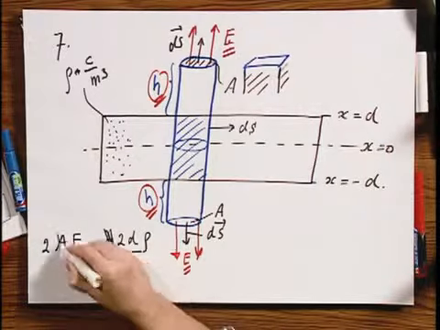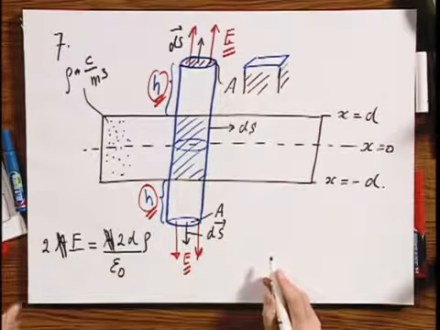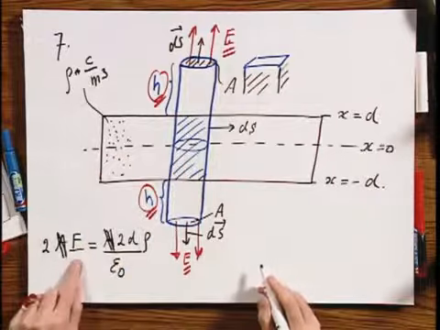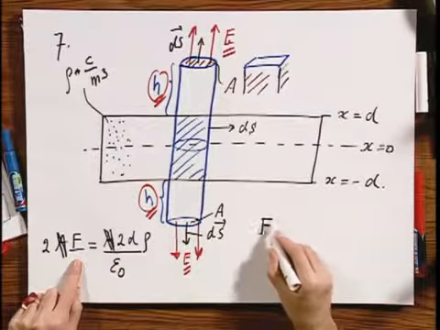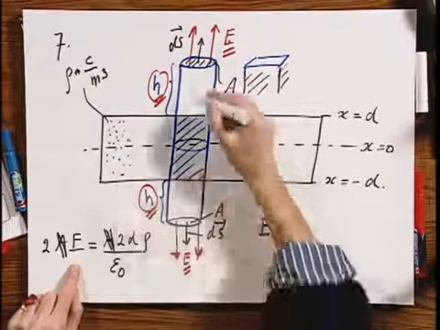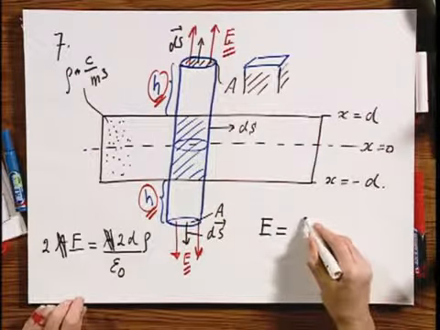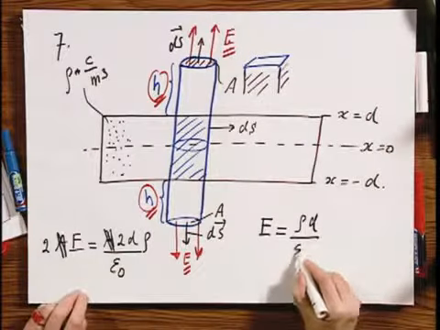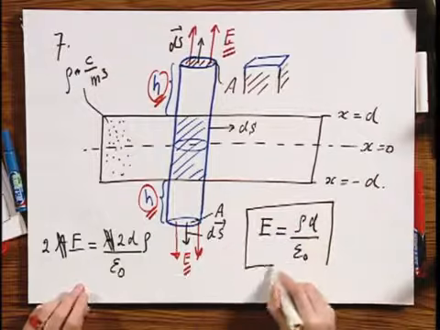A cancels, of course A cancels, nature couldn't care less how large you choose this A, and so you find the famous result that the electric field outside the plane equals rho times d divided by epsilon 0. And the big surprise is that it is independent of h. It doesn't matter how far you are from the plane, it's always the same.